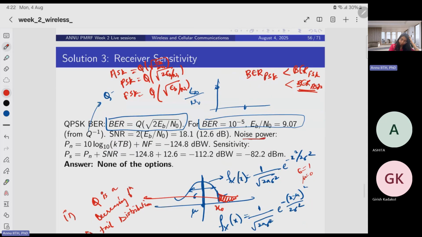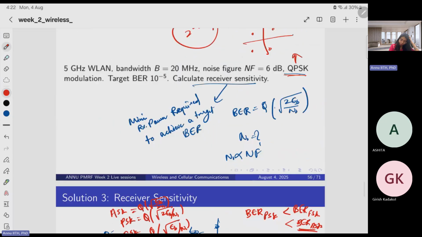The noise power, Pn, is equal to 10 log 10 KTB plus NF. So I told you, the noise power is directly proportional to the noise figure. And you may ask, what is the definition of noise figure? What do you think? Should the noise figure be high or low? Since it is directly proportional to noise power, it should be low, right?